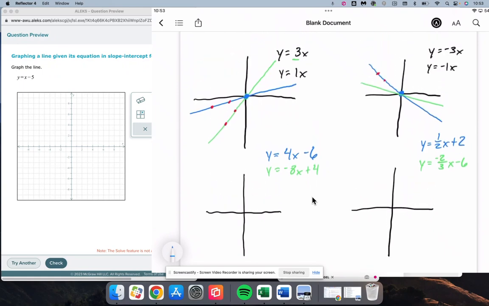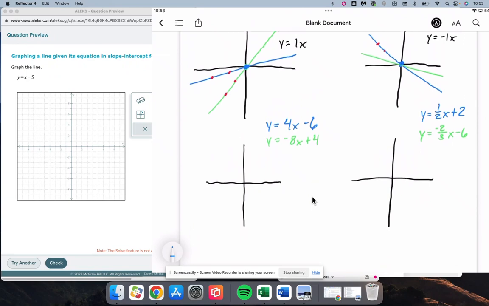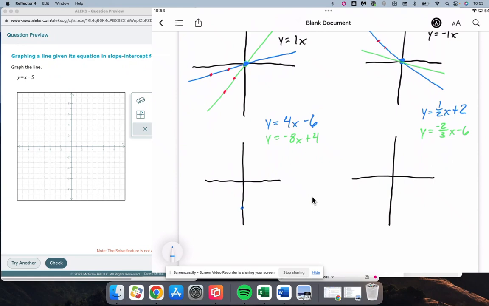And so with these on top, we started at 0, 0, because again, there was no y-intercept. Its value was 0. And so we started at the origin at 0, 0. Down here with this blue one, y equals 4x minus 6, that's going to tell us to start on the y-axis at negative 6. I'm just approximating what negative 6 might look like on this graph for demonstration purposes.